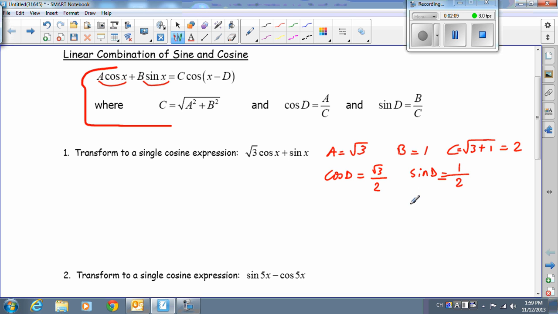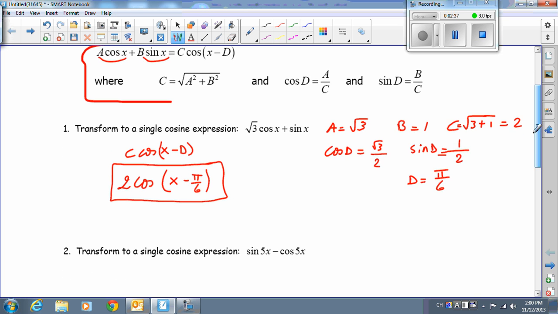I will have a principal value of pi over 6. Therefore, I can now rewrite it as c cosine (x minus d), which is 2 cosine of (x minus pi over 6). And this is my solution.